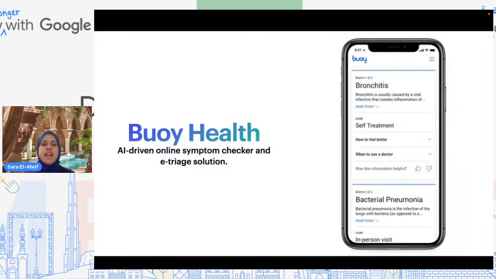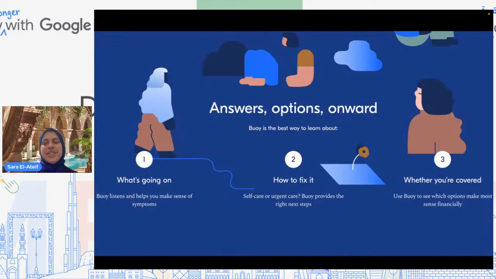It lays out some questions for you, and then through your answers, which are actually just check boxes, they try to figure out what kind of disease or what kind of thing you're having, and then they provide some advice or some references to doctors you can check out and talk with. What is really cool about them is that if you have some type of insurance, they tell you if your insurance covers it or not.